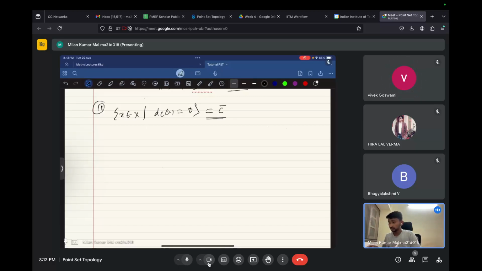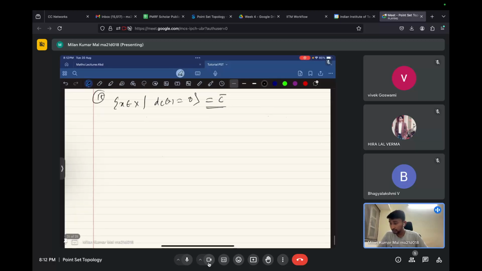Question 11. First, let C be closed. Now there is one specific thing: this dcx equals 0. This dcx means the infimum over all a belonging to C of d of a, x, taking the same symbol.